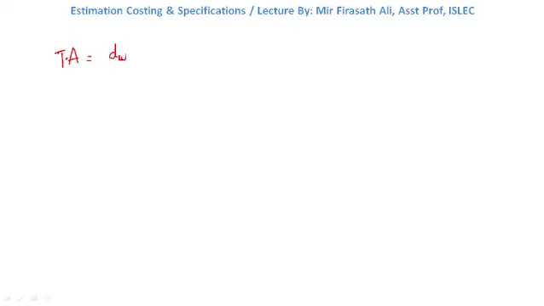Area is dw into b, where dw is the average height, into b is formation width plus s into dw square, where s is the side slope.